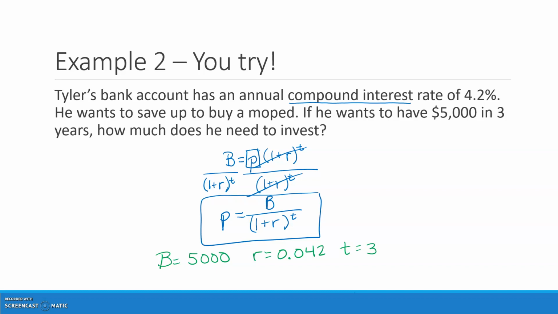Okay, so substituting all those values in, we're going to get 5,000 all over 1 plus 0.042 to the third. When I do those calculations, I would do 1.042 raised to the third power, and divide 5,000 by that. We should get 4,419.44.